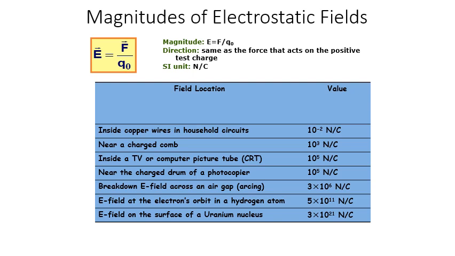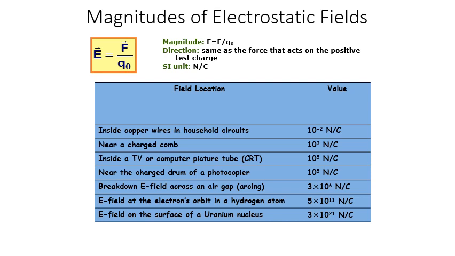Here I have given some examples of electrostatic fields. In copper wire of household circuits, we have an electrostatic field of about 10 to the minus 2 Newton per coulomb. In a comb, when you do this, it is of 10 to the 3 Newton per coulomb. So in the comb we have a very high field.